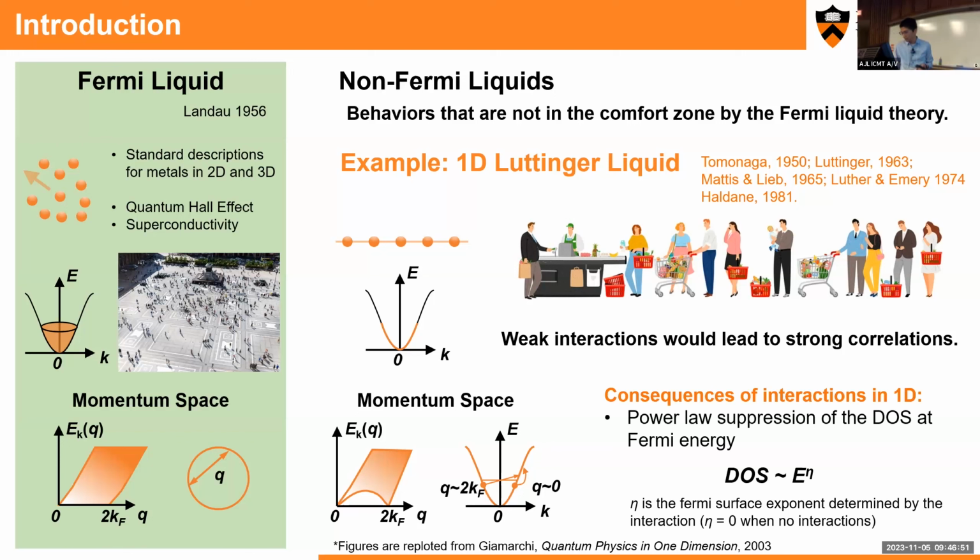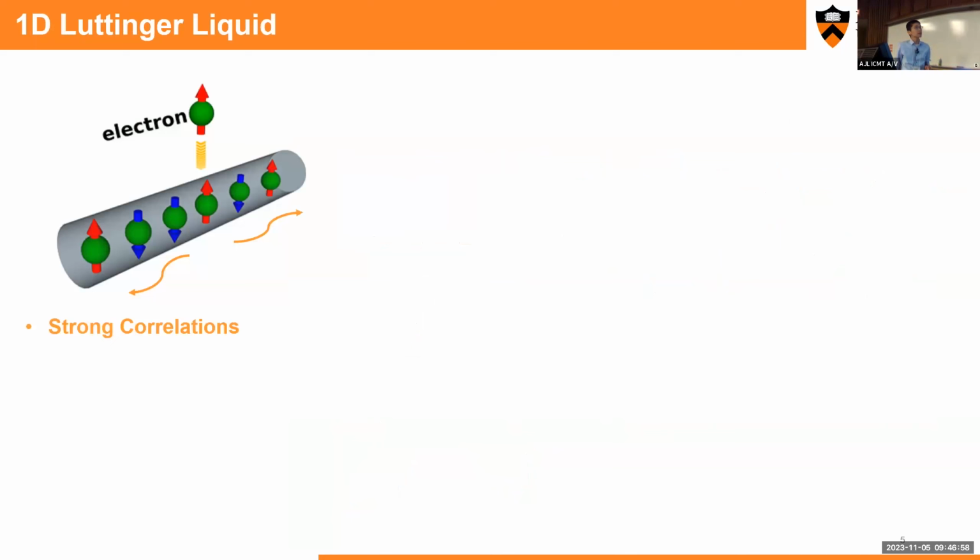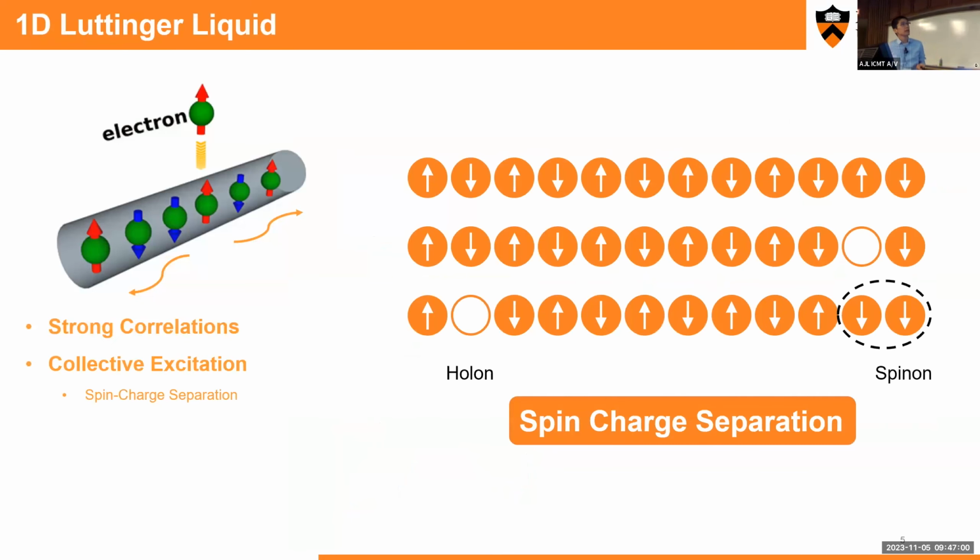And this is a very important result which comes from the Luttinger liquids. Such strong correlation can also lead to a collective excitation, which is the spin-charge separation, so the spin and the charge can effectively separate in space. Moreover, this kind of model is exactly solvable.